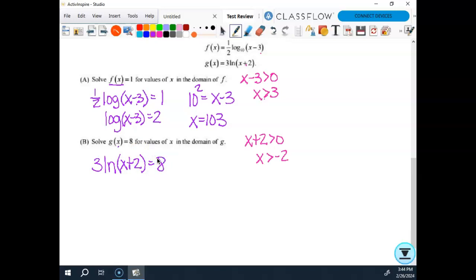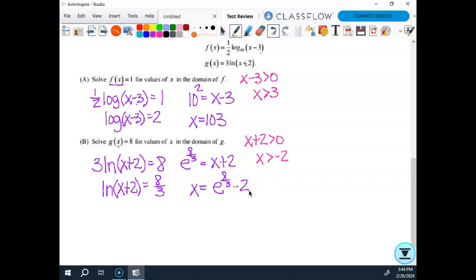All right, so I'm going to divide both sides by 3, or it can become an exponent, but I think I'd rather divide. So I'm going to get the natural log of x plus 2 equals 8/3. Then I'm going to rewrite it. My base is e, so e to the 8/3 power equals x plus 2. So x equals e to the 8/3 minus 2.